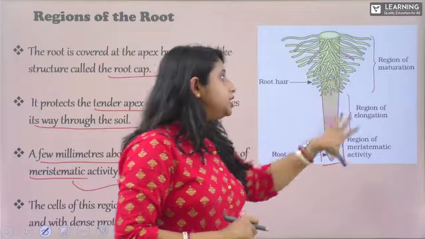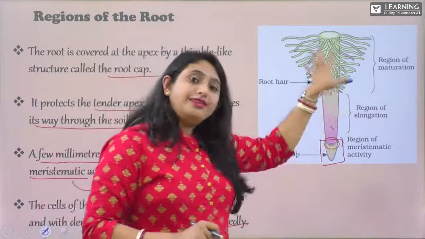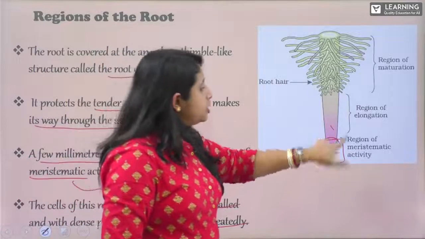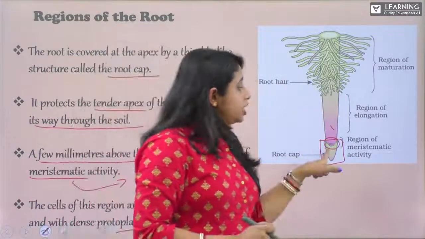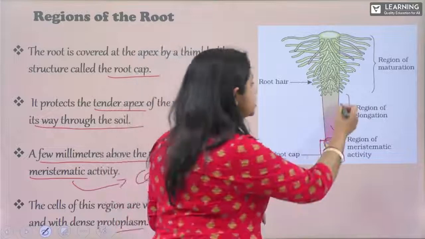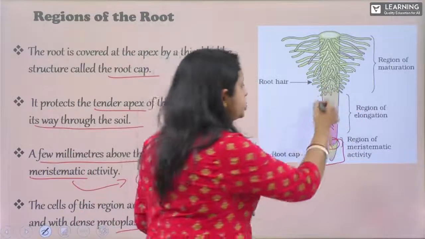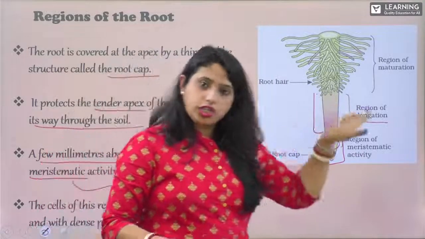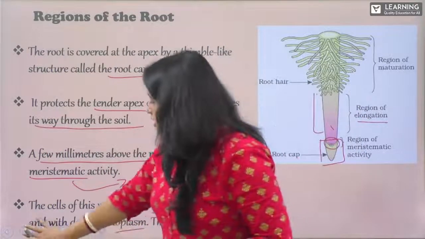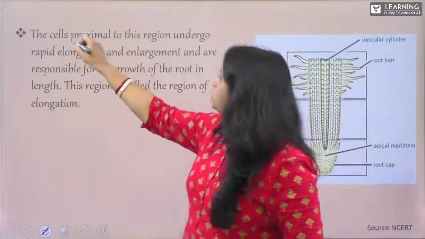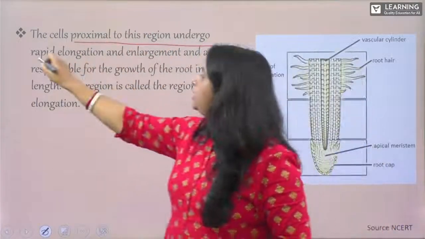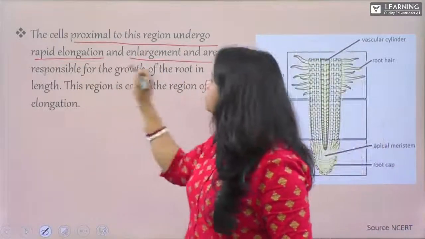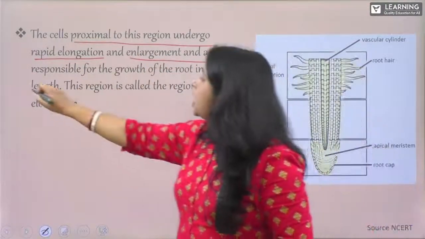This is the internal structure of the root, that is, the regions of the root. This is very important for your examination, and it is very easy. The cells divide and then start growing, and this region is called the region of elongation. The cells proximal to this region undergo rapid elongation and enlargement and are responsible for the growth of the root in length.